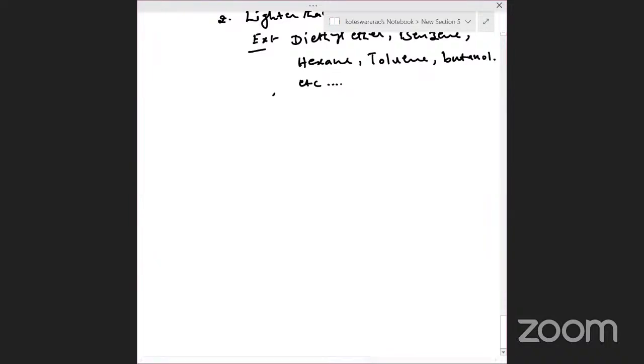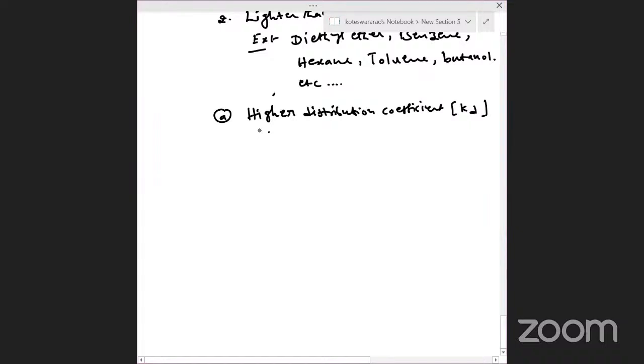Whatever solvents we are going to use in this solvent extraction of a solute present in a solution should have some characteristics, such as a higher distribution coefficient, that is expressed as Kd.